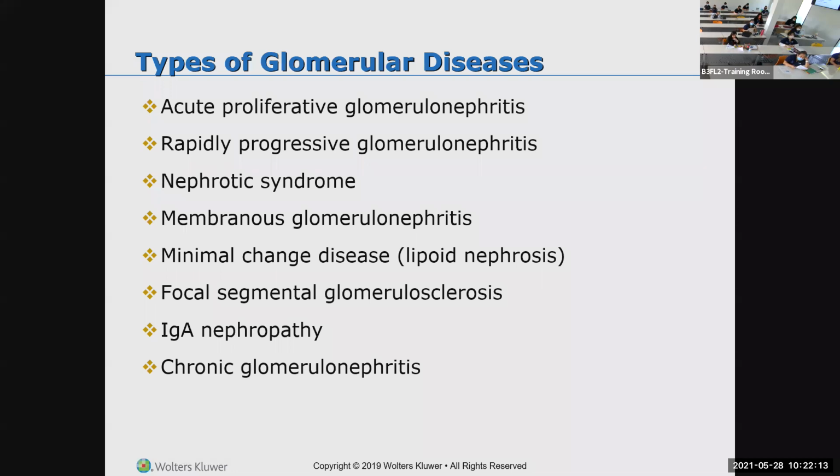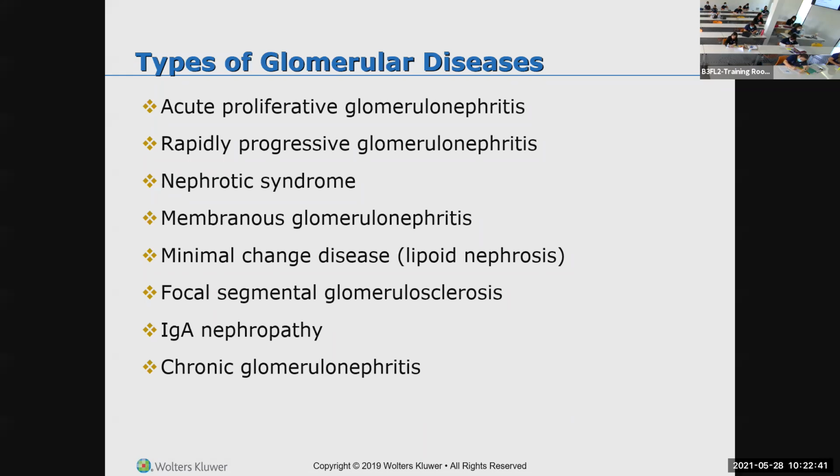Please highlight nephrotic syndrome. Again, nephrotic syndrome is more common in children. They have proteinuria. They suffer from hypoproteinemia.